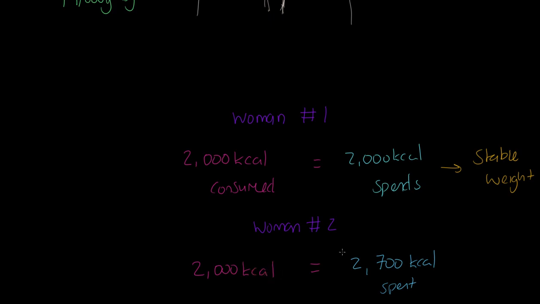Sorry, I shouldn't have put the equals symbol in here. She's now consuming 2,000 kilocalories compared to the 2,700 that she spent. And this is over a period of time, remember. So in this situation, this individual would lose weight, over time, of course.